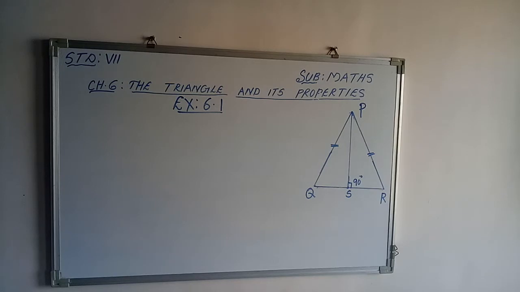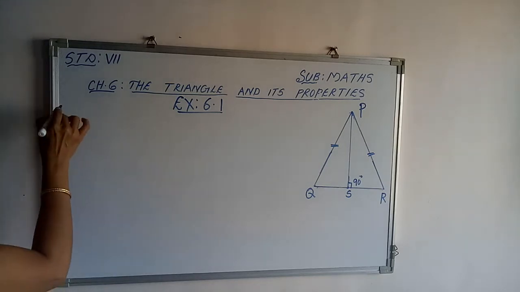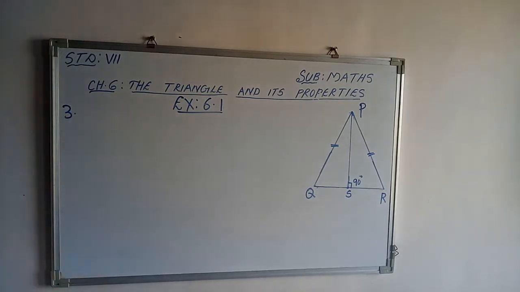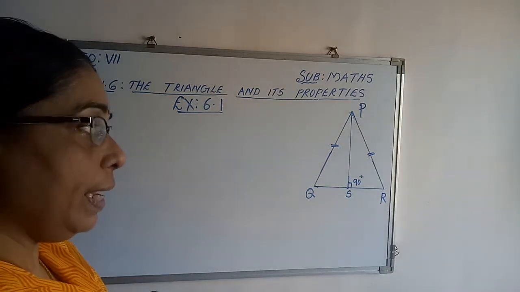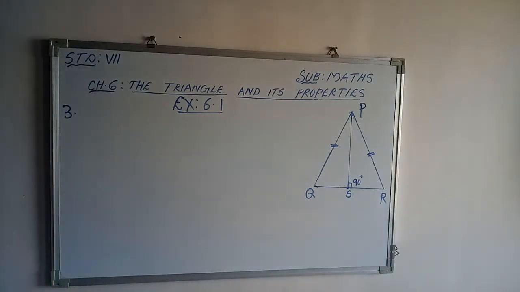Now we are going to solve the third question. The question I read: verify by drawing a diagram if the median and altitude of an isosceles triangle can be the same. That means you have to verify. In the case of an isosceles triangle, the median and also the altitude are the same. What is an isosceles triangle? A triangle whose any two sides are equal is called an isosceles triangle.